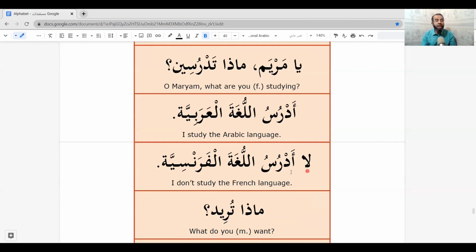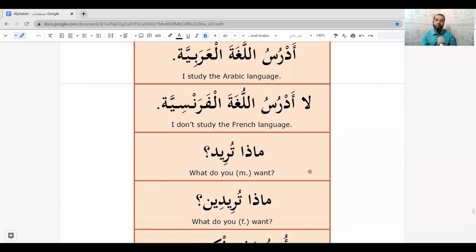So here لا أدرس, then we join the words لا أدرس اللغة الفرنسية, like this.